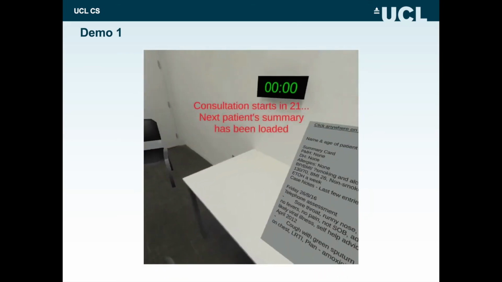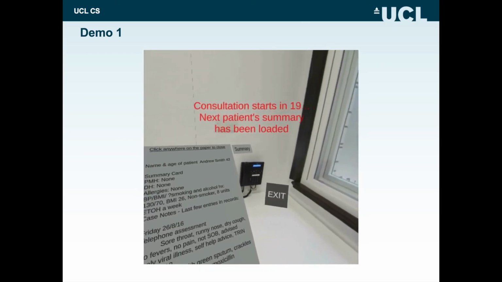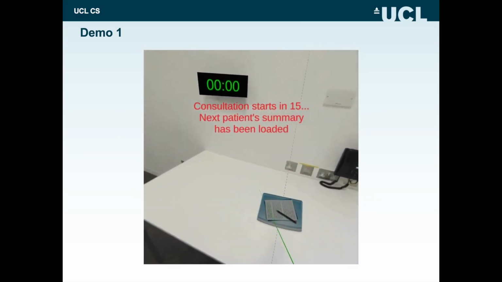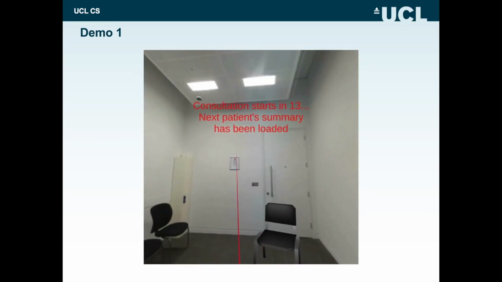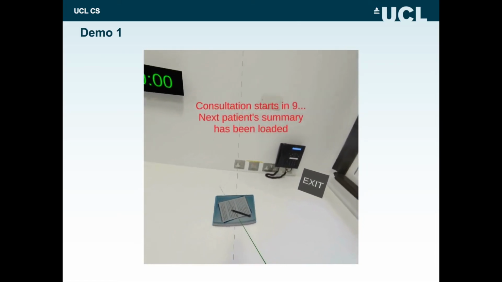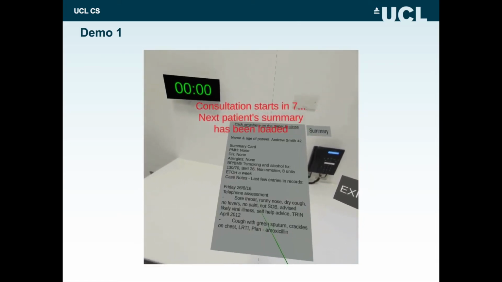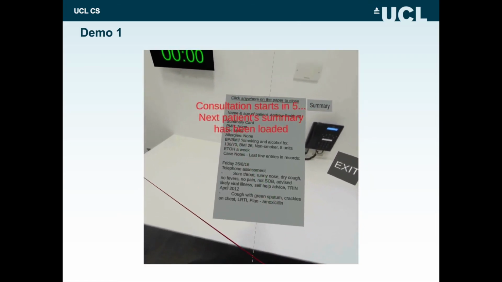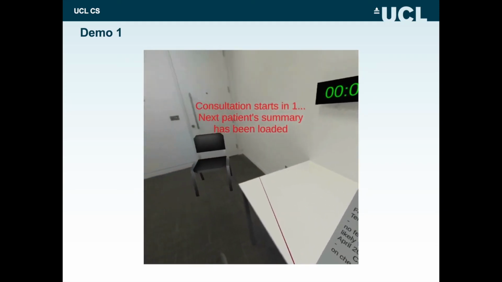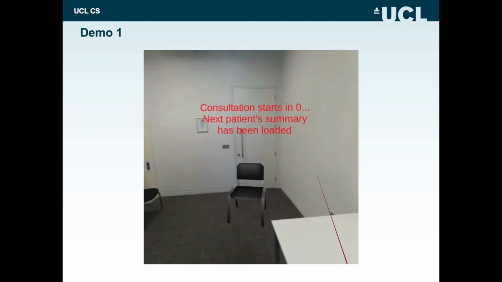The room has been captured as a 360 picture, and we have just added interactive elements to this image. And now that we have read the patient file, the consultation can begin.